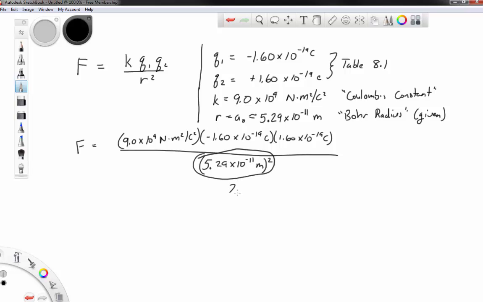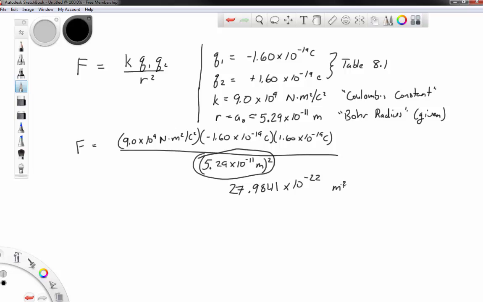So this basically has become 27.9841 times 10 to the minus, since I have a minus 11 and I'm squaring it, I multiply this 2 times this 11, so it's minus 22 meters squared.